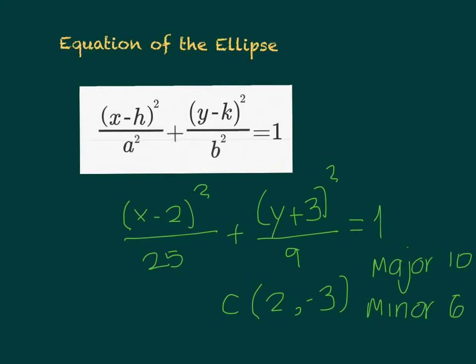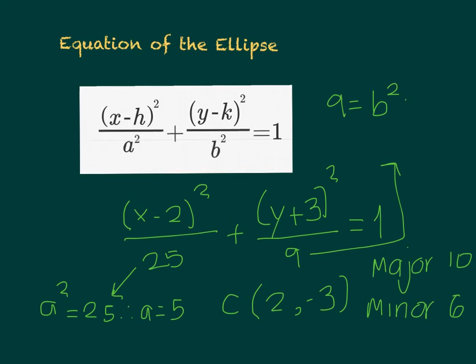How did we know that? Because 25 is a squared. So if a squared is 25, the value of a will be 5. And 9 is equal to b squared. So b squared equals 9, so b will be 3. So half of the major axis is 5 and half of the minor axis is 3.